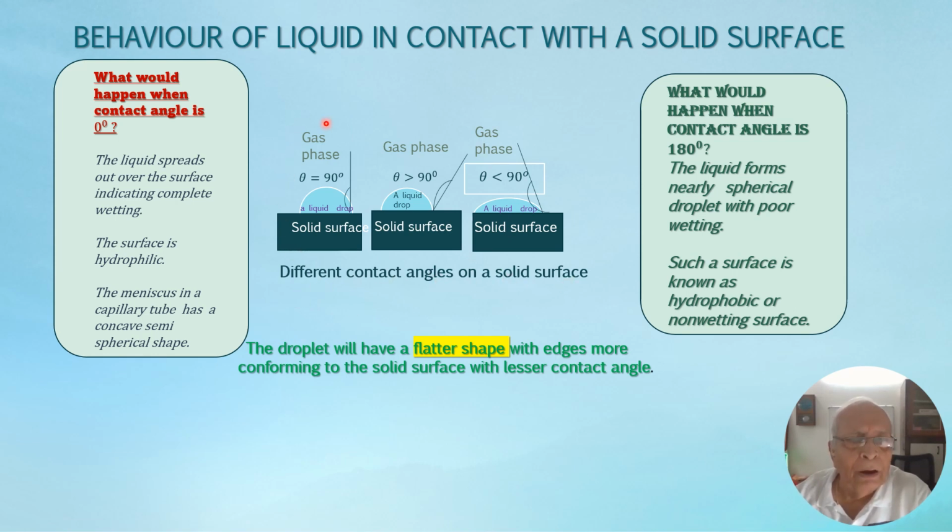And what is happening here, if we watch carefully, we find that the contact angles are different in different cases, considering the same solid surface and the same liquid drop of the same liquid. Now, we find that this liquid is in contact with the gas phase also, the air above. Normally it is air, isn't it? And then the solid is also in contact with the gas phase. And the liquid drop itself is in contact with the solid.